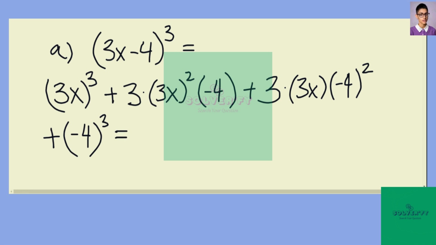This is equal to, we have (-4)^3 is -64, and then we have 9x times 16, so 9 times 16 is 90 plus 54, which is 144x.